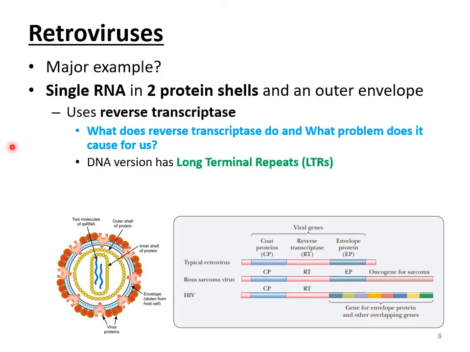The other thing that retroviruses have is long terminal repeats, which are sequences in its DNA copy that allow that DNA strand to integrate into host genomes, meaning the long terminal repeat sequence allows that piece of viral DNA to cut open your DNA sequence as the host and embed itself, glue itself into your DNA sequence.